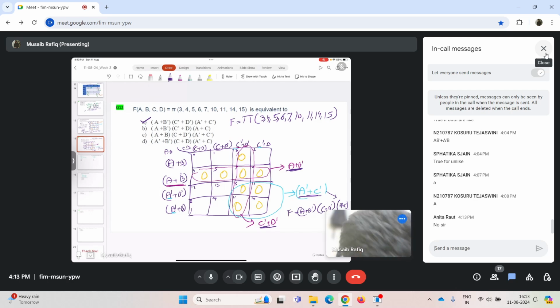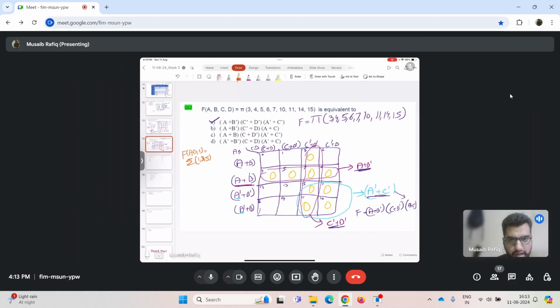If you are given, for example, f of a, b, c, let's consider a three variable function, sum of minterms 1, 3, and 5. You don't need to solve it, it's just for the example. You need to write its equivalent minimized POS form.